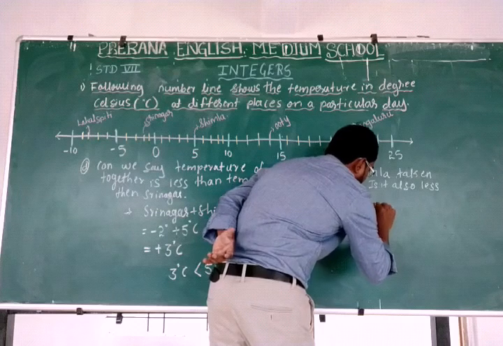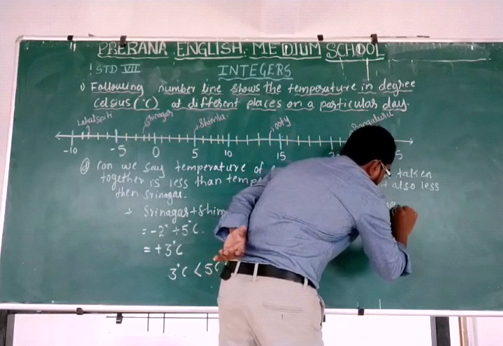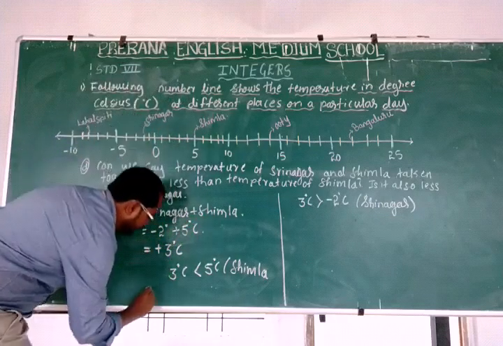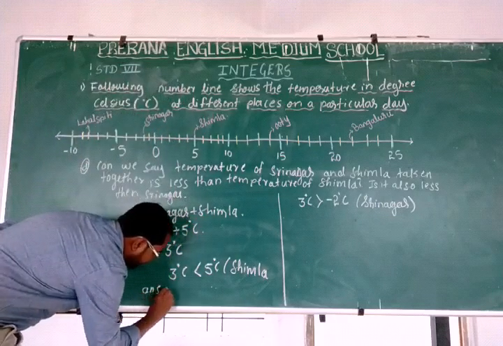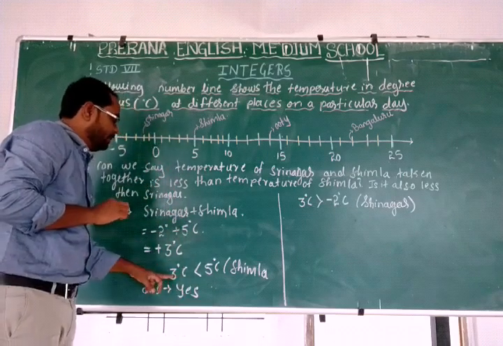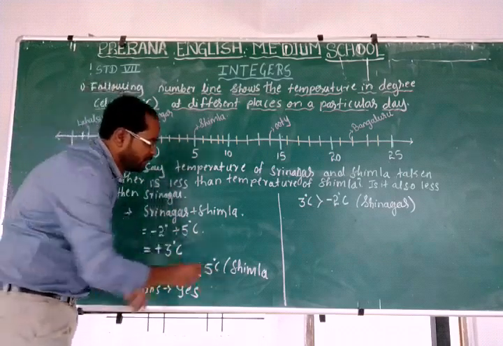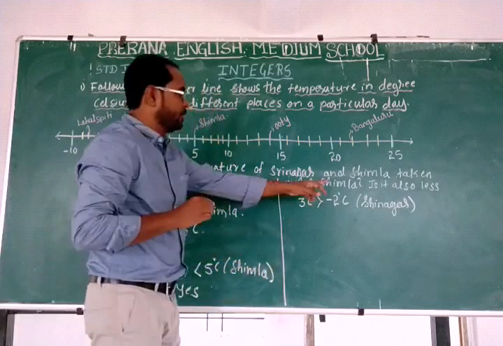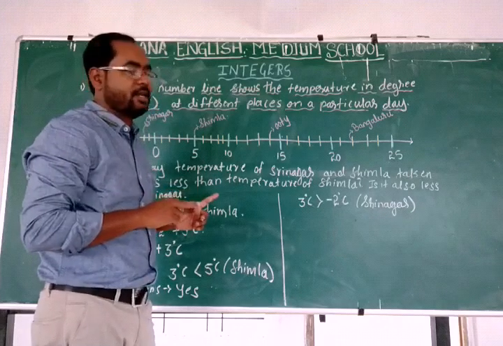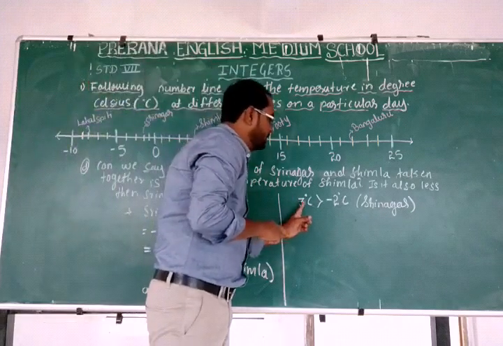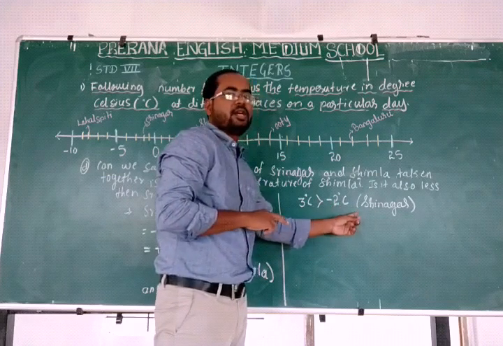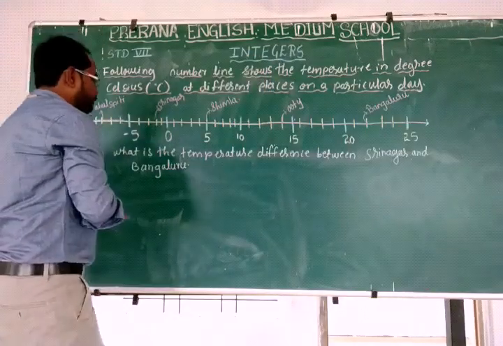So here you can write the answer as yes, because 5 degrees Celsius is greater than 3 degrees Celsius, which is the temperature of Shimla. And the second part of the question, is it also less than Srinagar? No, it is not less than Srinagar, because 3 degrees Celsius is greater than minus 2 degrees Celsius, which is the temperature of Srinagar.